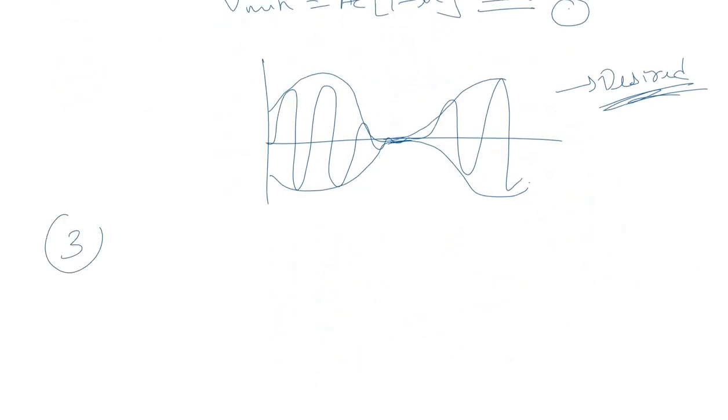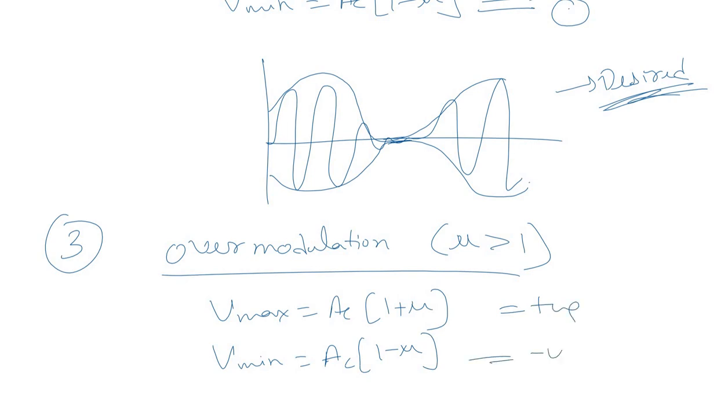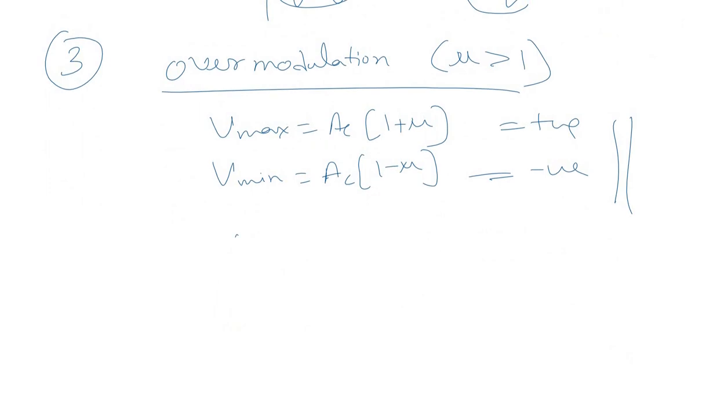Now comes the third case, over modulation, where the value of mu is greater than 1. Vmax is AC into 1 plus mu, and Vmin is AC into 1 minus mu. This is a positive quantity and this is a negative quantity. Now it is a problematic case. Why so? Vmax is positive but Vmin is negative.